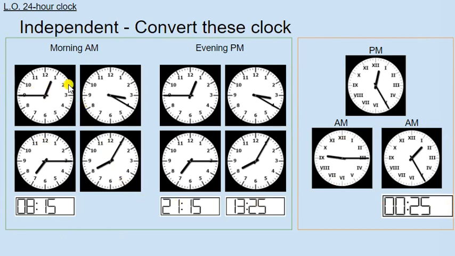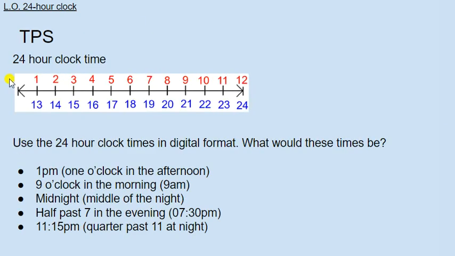You first write down in digital format what these are for the morning. So we can see here, a bit trickier, it's not quite 1 o'clock, it is 12:45. So 12:45 in the morning, that's actually fairly tricky, because it's not the obvious one you think, because it's first thing in the morning. If we think back to the diagram, there.